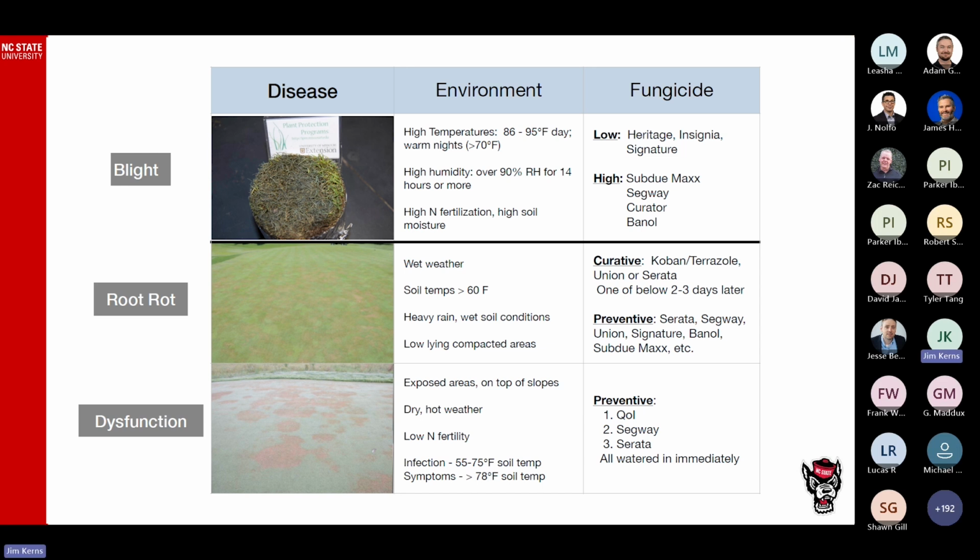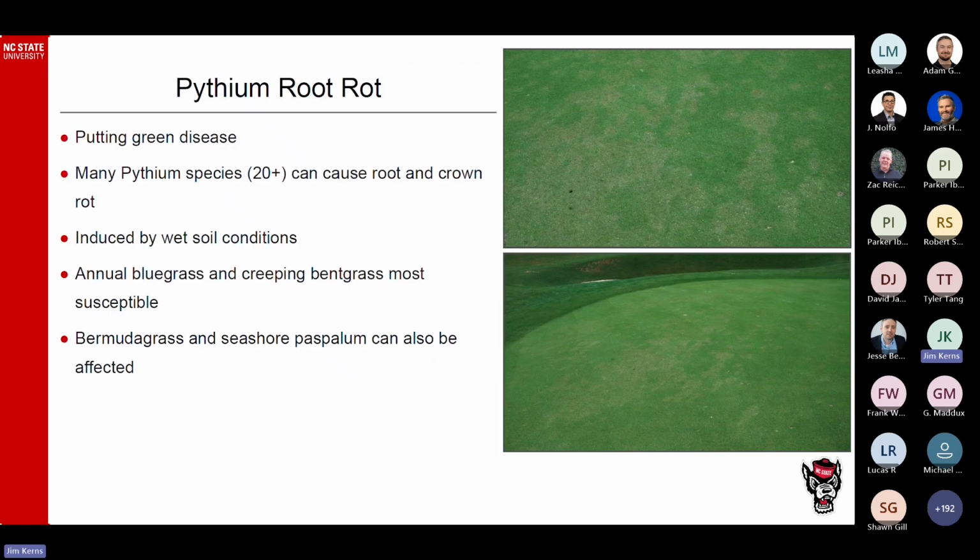So just having these in, yes, multiple different diseases here, but I want to focus in on Pythium root rot. This is typically only a putting green disease, but we do see it occasionally elsewhere. It tends to be more centralized to sand-based systems or highly top-dressed systems.